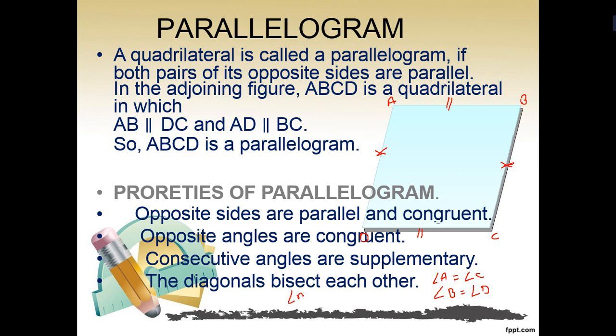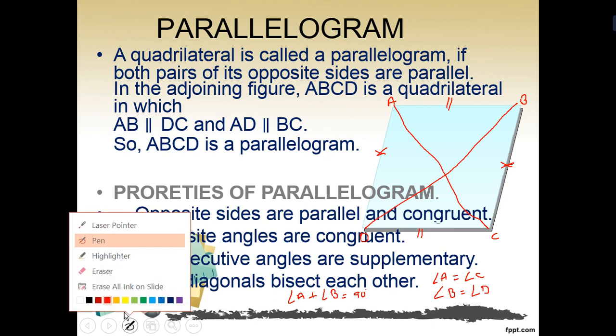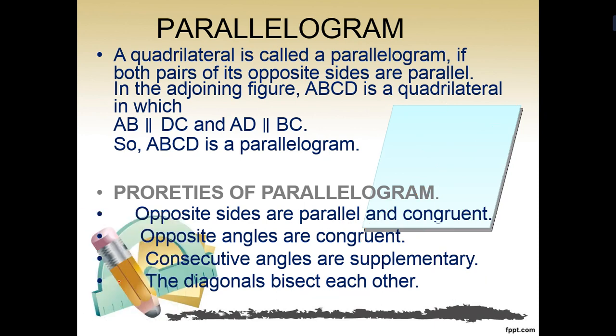So angle A plus angle B is equal to 180 degrees. The diagonals bisect each other. This is the information related to parallelogram.